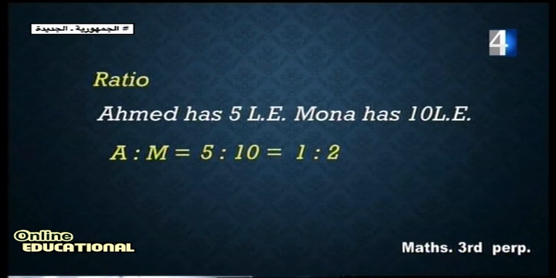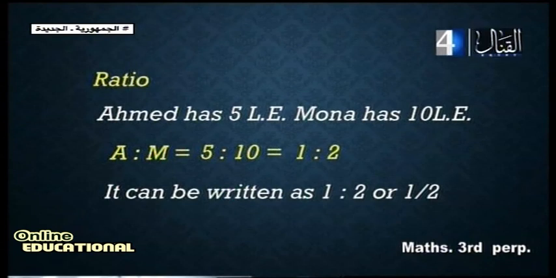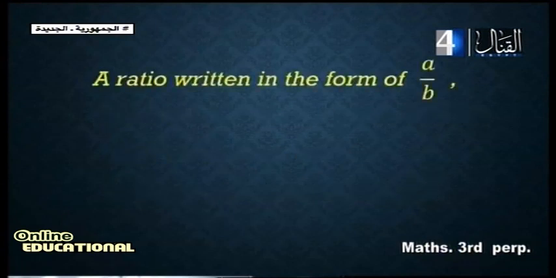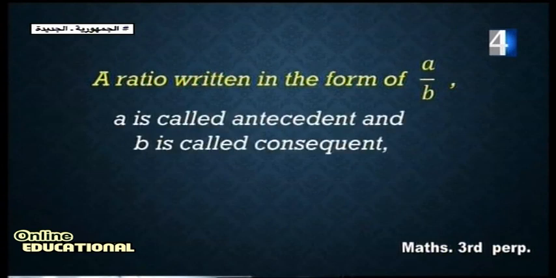Or it can be written in two forms. It can be written as 1:2 or 1/2. They are the same. They give the same meaning. A ratio equals half. So we can say that a ratio is written in the form of A over B. The numerator is A, and A is called the antecedent of the ratio.